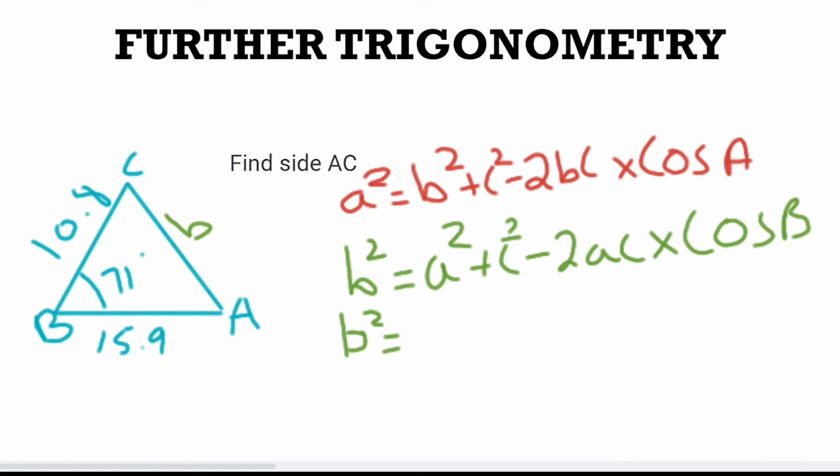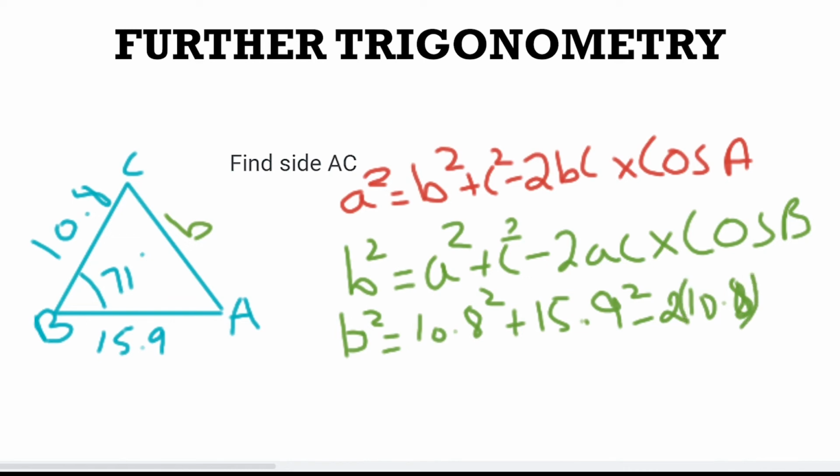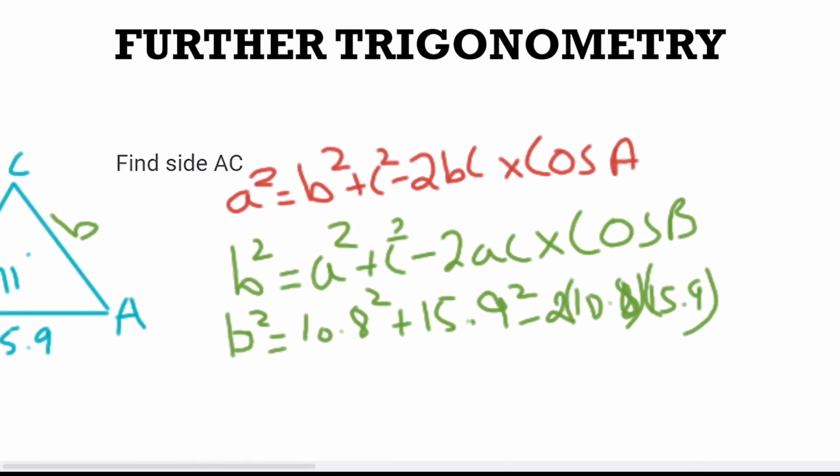The value of a is 10.8 square plus c is 15.9 square minus 2 times 10.8 times 15.9 and then cos B. So we will solve it further.